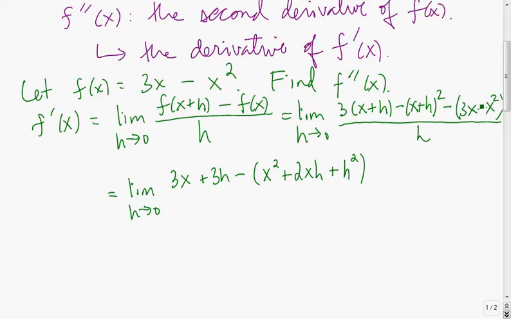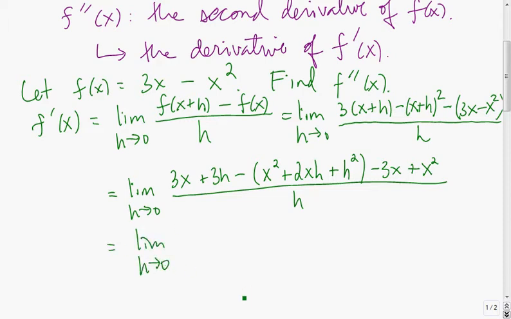And then minus this, I'll get rid of the parentheses, so minus 3x plus x squared, all divided by h.